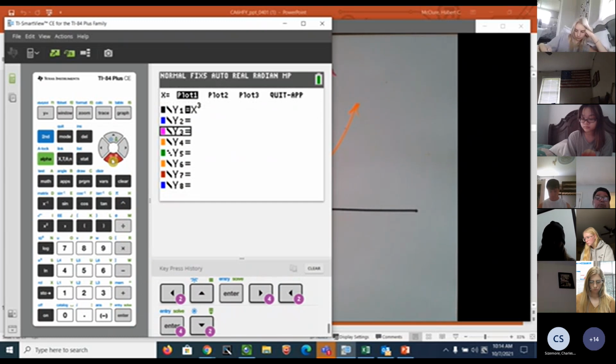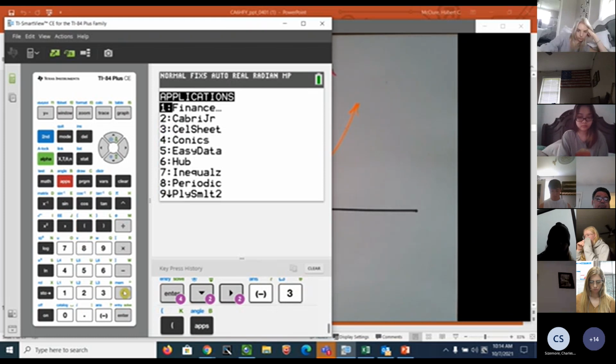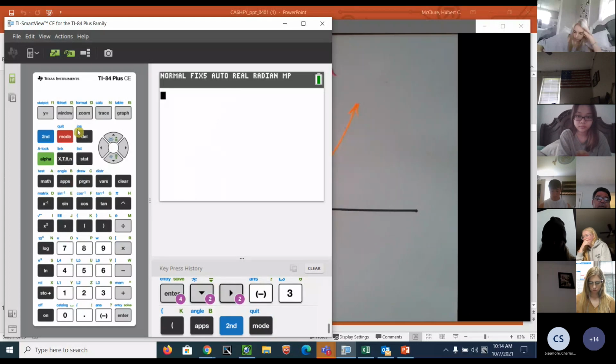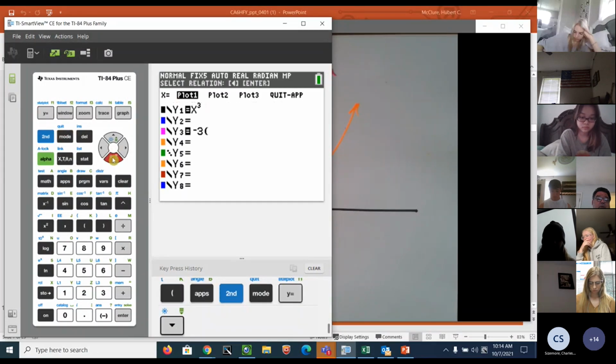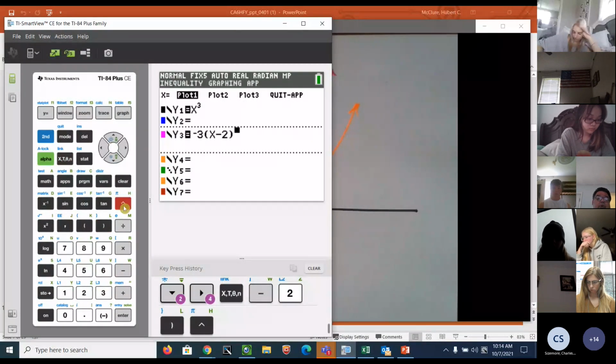And I'll use magenta since we used magenta in the drawing. 3 parentheses x plus 2. Let me try this again. x minus 2 parentheses raised to the second power plus 2.